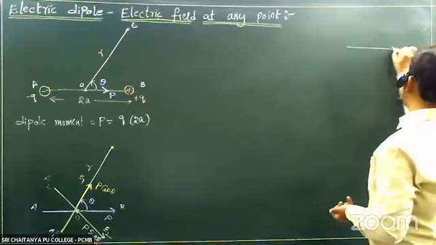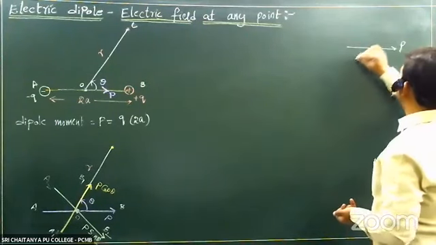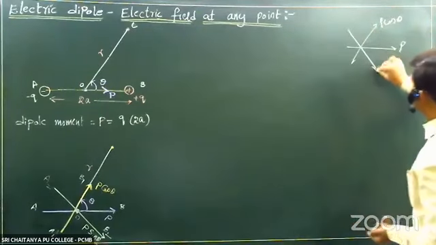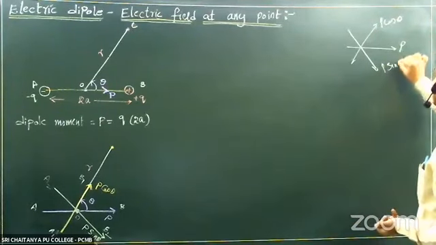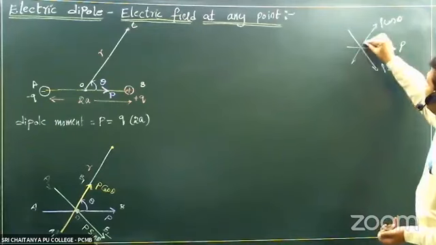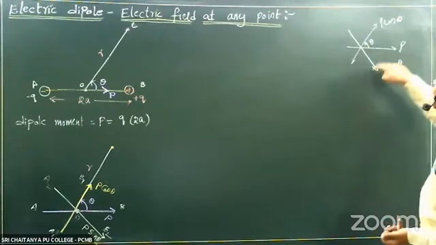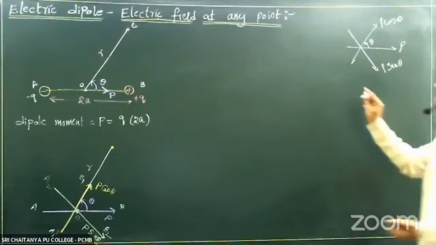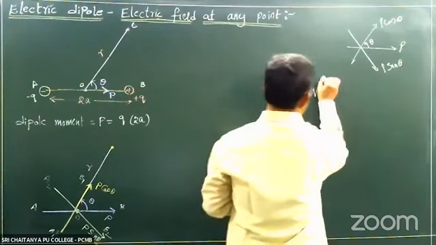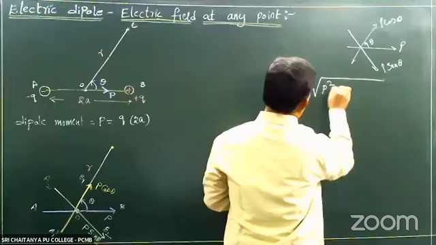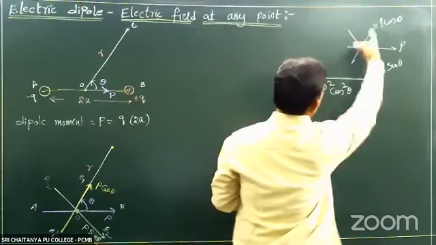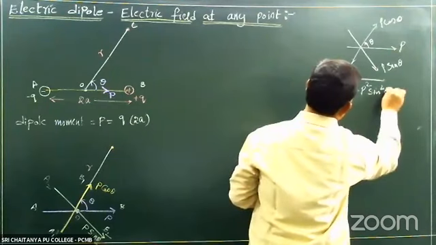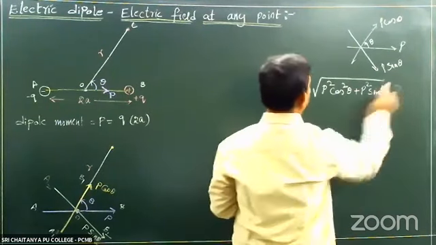If P is a vector, and this is P cos theta and this is P sin theta, these are perpendicular to each other. If I take the resultant of these two, P square cos square theta plus P square sin square theta, it results what?